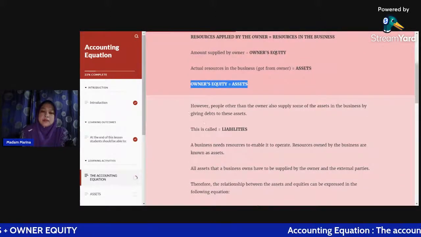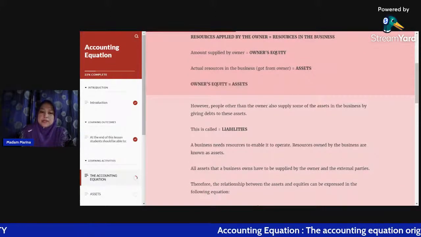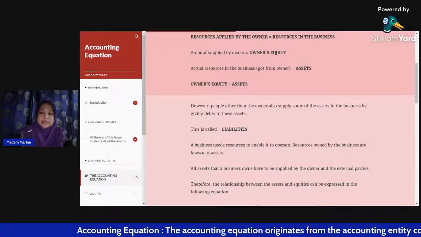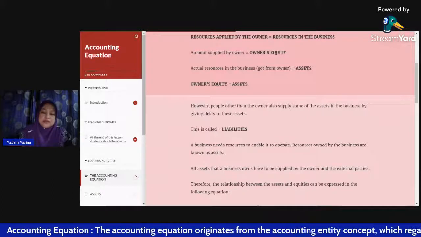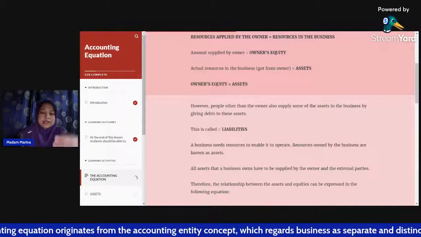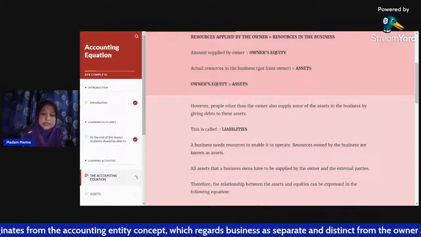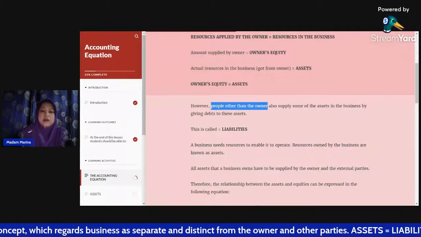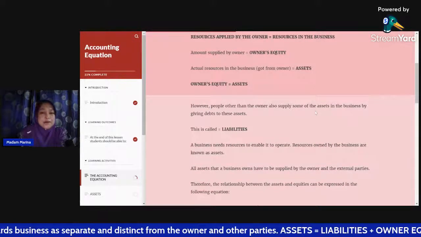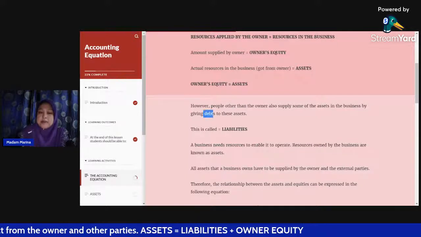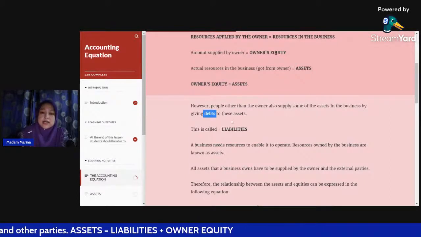However, people other than the owner, selain daripada pemilik, also supply some of the assets in the business by giving debts for these assets.